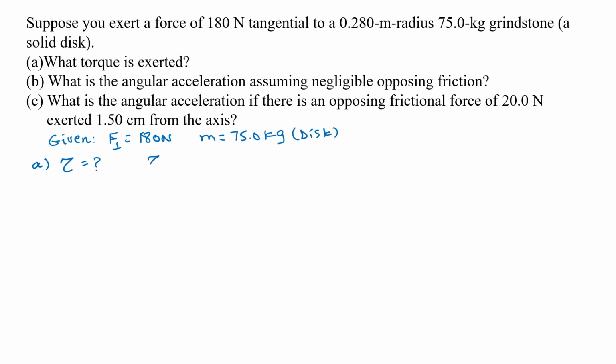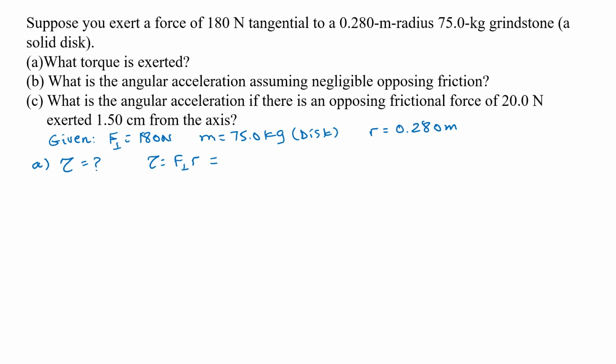And we know that the torque is equal to F times R, and the radius is given as well. The radius is 0.280 meters. The torque is equal to the perpendicular force times the lever arm R, in this case the radius.